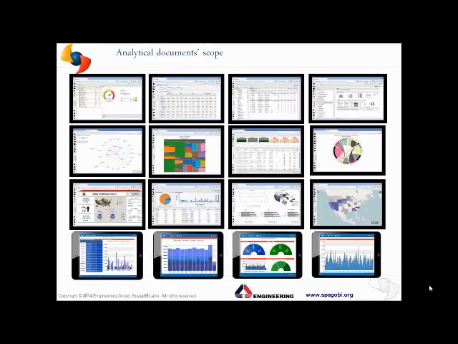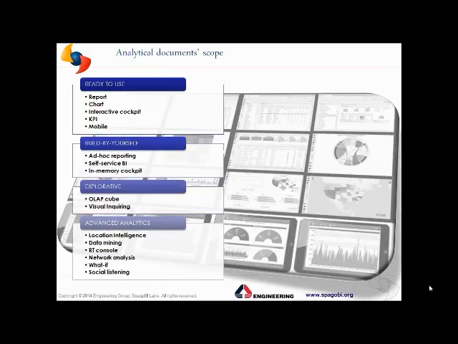But remember, you have such a huge set of analytical features which you can use. I would like to present those features with this grouping because I think it may help you, unless you already know what you need. But this is to show what you can do with SpagoBI.